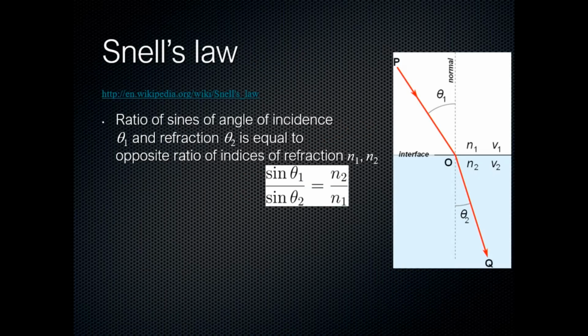So we're going to go over Snell's law, and we'll go over the law and we'll do some examples. Essentially, Snell's law says that the ratio of the sines of the angles is equal to the ratio of the refractive indices. So n1 and n2 are refractive indices here. n1 and theta 1 are this ray that comes into this vertex point, with a normal vector.